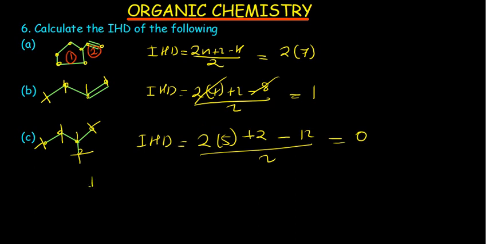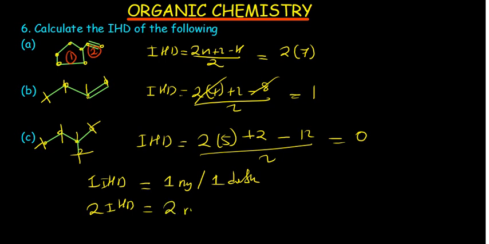So 1 IHD means we have got 1 ring. If not 1 ring, then we have got 1 double bond. Now when we have got 2 IHDs, this means we can have 2 rings without a double bond, or we can have 2 double bonds, or we can have 1 ring and also 1 double bond.